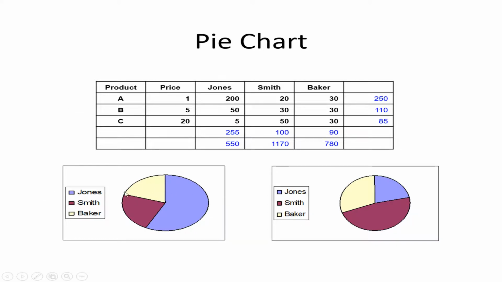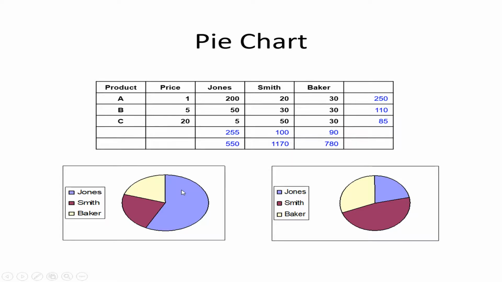The graph to the left shows comparison based on the number of items, and to the right it shows the comparison based on the amount of sold items in monetary units.